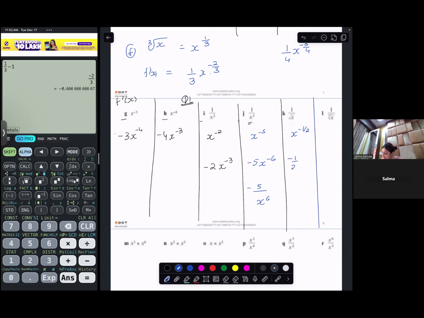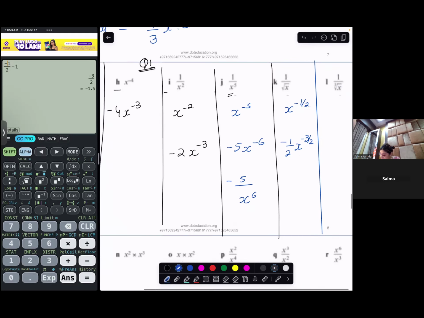So it's going to be minus half x raised to minus 3 by 2. You can check it on the calculator. Minus half minus 1 is minus 3 by 2.